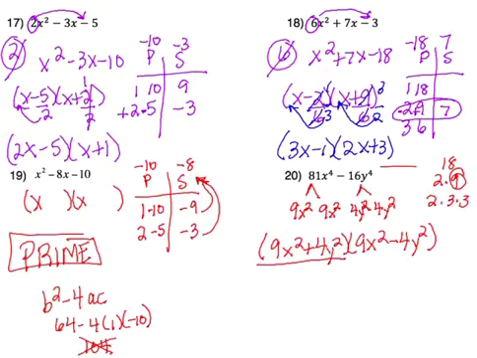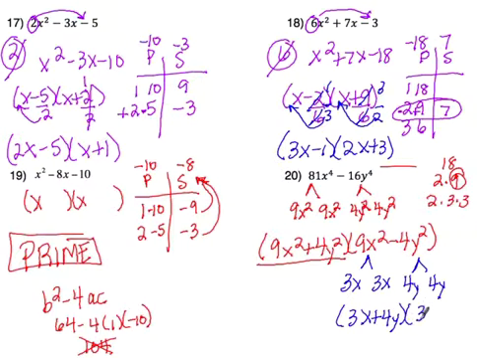And it can be broken down because it is a difference of squares again. 9 and 4 are perfect squares, x squared and y squared. I said as long as the exponent is even and it's a difference, I can still break it down. So now this becomes 3x and 3x. This one becomes 4y and 4y. And so I get 3x plus 4y, and then 3x minus 4y.